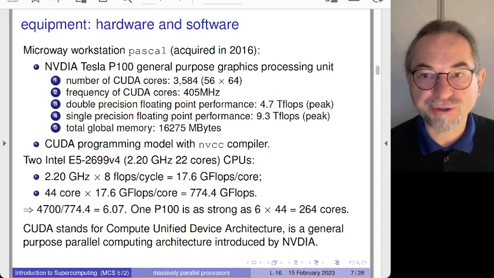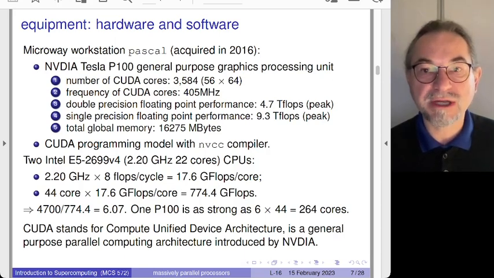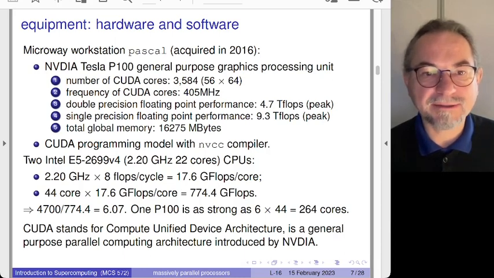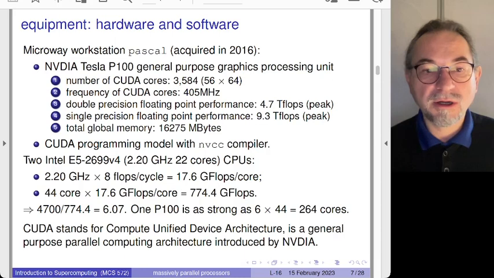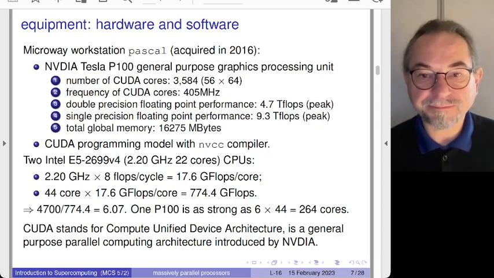And my personal motivation of using GPUs is to compensate for the cost overhead. So here are the full specifications.